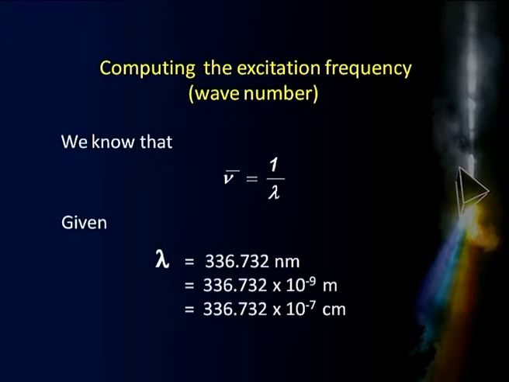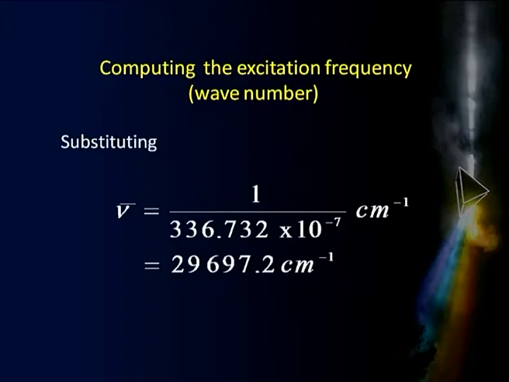We are given that lambda happens to be 336.732 nanometers. So, we can convert it into centimeters, substitute it in the formula and get the value of our frequency, and that happens to be 29697.2 centimeter inverse.